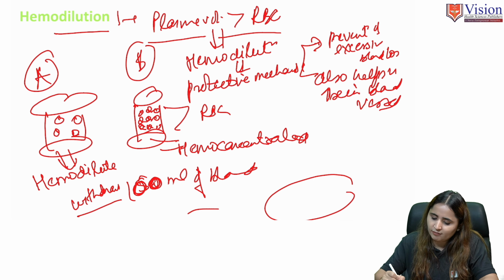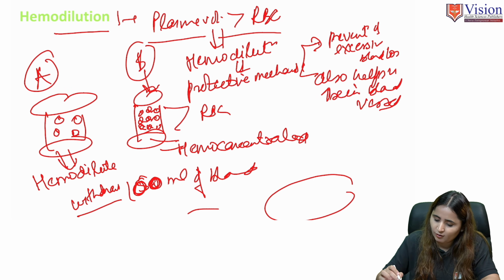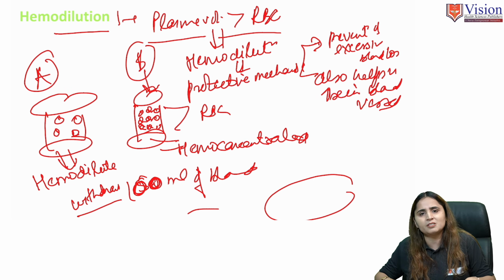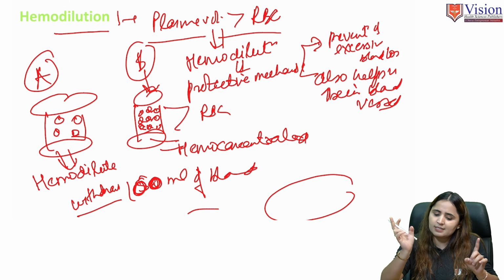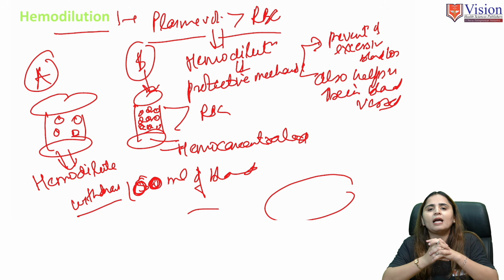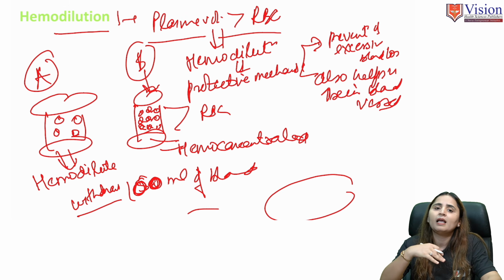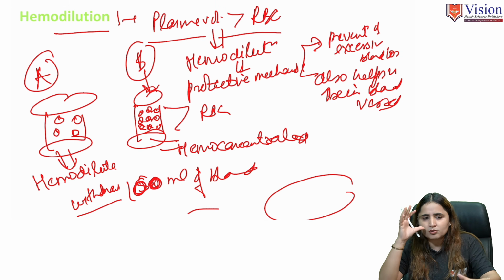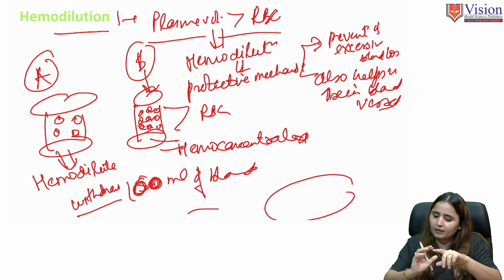It is from figure B, because figure B has more RBCs, so it leads to more blood loss. This is the reason that hemodilution acts as a protective mechanism. It helps in the prevention of excessive blood loss.